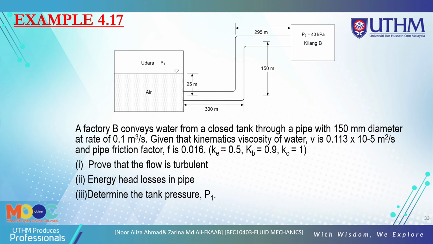Ke is given, the coefficient of the entrance, and Kb is the bend coefficient. Prove that the flow is turbulent, find the energy head losses in the pipe, and determine the tank pressure P1.